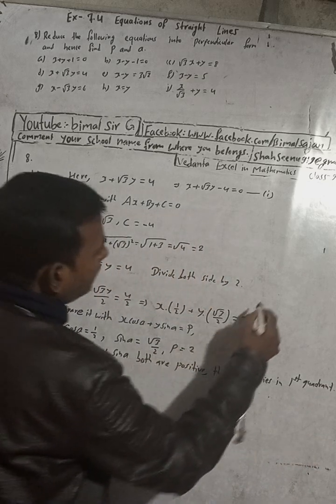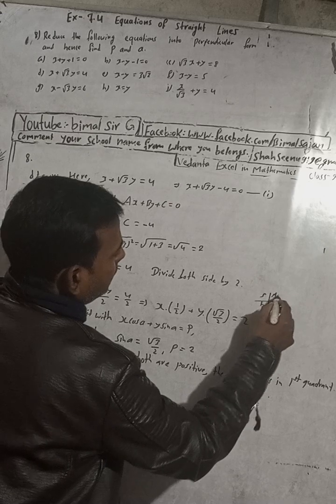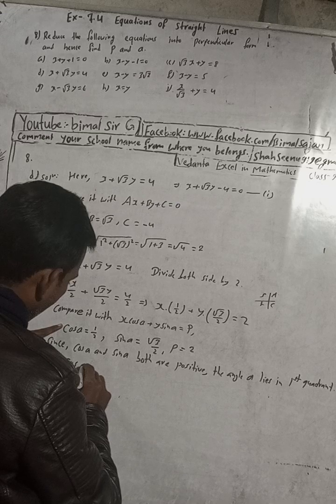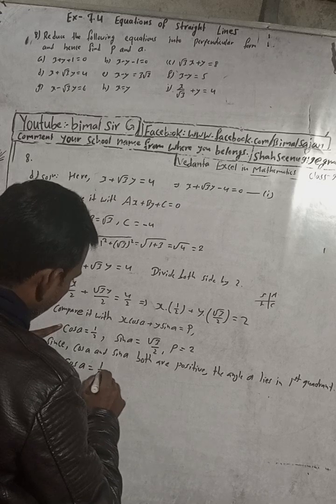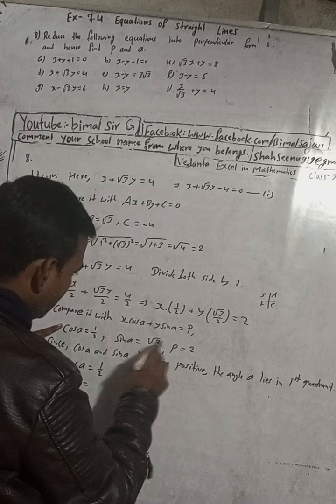First quadrant means, see there, CAST: in the first quadrant all are positive. So in the first quadrant cos alpha is equal to 1 by 2 and sin alpha is equal to root 3 by 2.